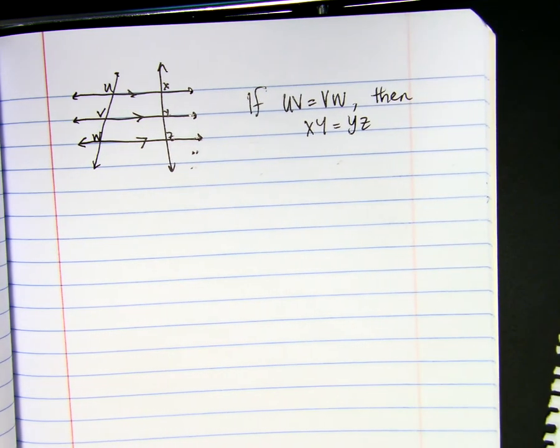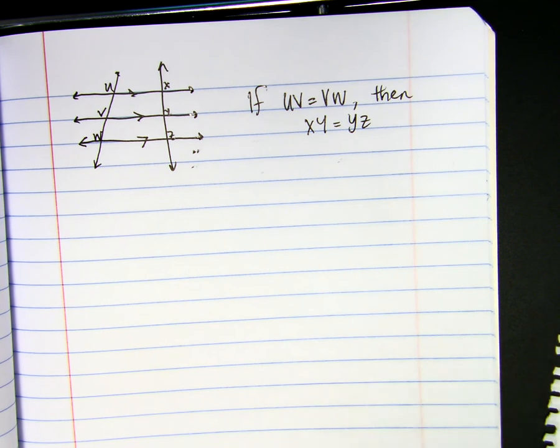And any other transversal that you draw, it doesn't matter if it's straight up and down or slanty or whatever, the segments will be equal on that.